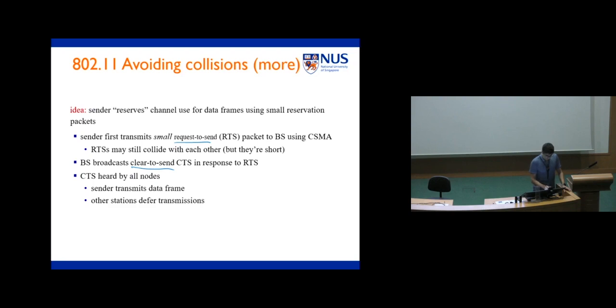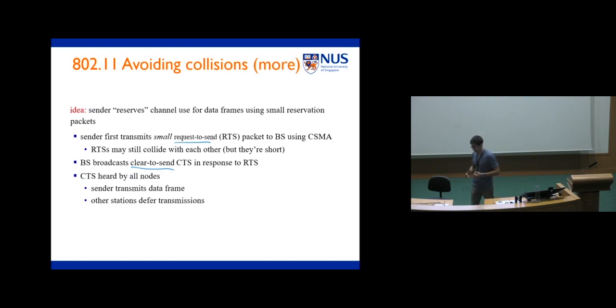Then the base station, or the receiver in this case, broadcasts the clear to send in response to the RTS. Let's say 10 of us are all waiting in line. We all send RTSs again after random backoffs. Probably one of our RTSs will arrive first because we draw random variables, right?